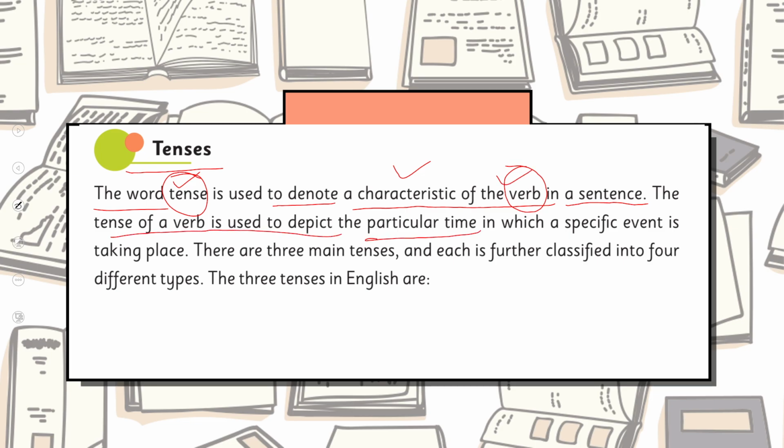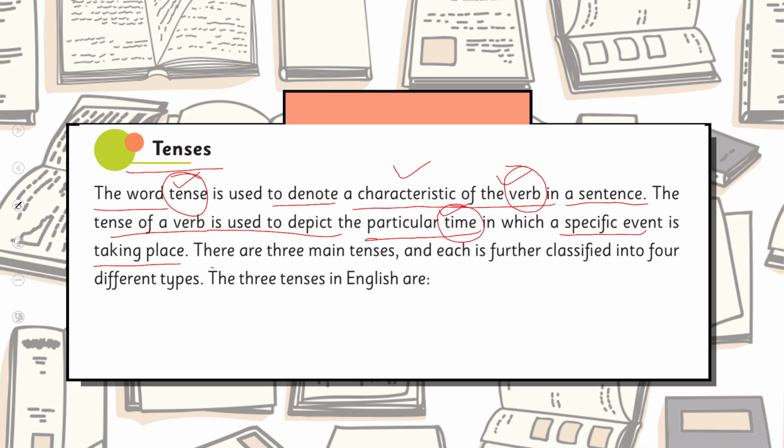Why are we learning this? To depict the time of the saying or the statement in which a specific event is taking place. So if somebody is talking about something, that tense should be clear, the correct form of verb should be used in order for the listener or the reader to identify what specific event we are talking about, what the time is.